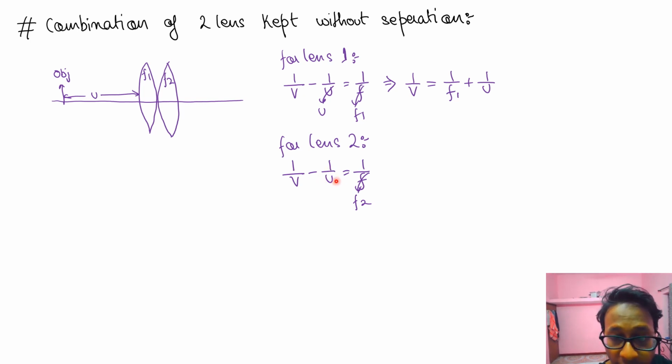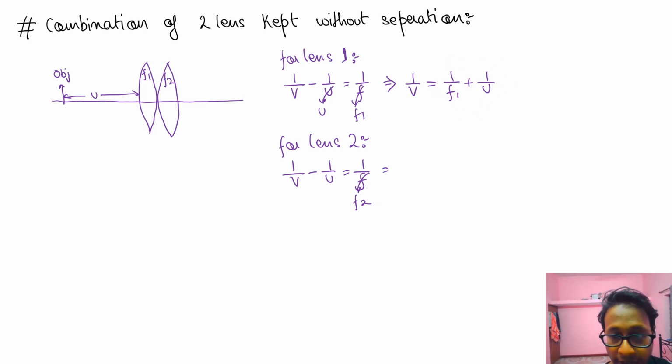The value of u is nothing but the value of v from the first; the image from the first will act as an object for the second. So 1 by u becomes 1 by v, which is 1 by f1 plus 1 by u.